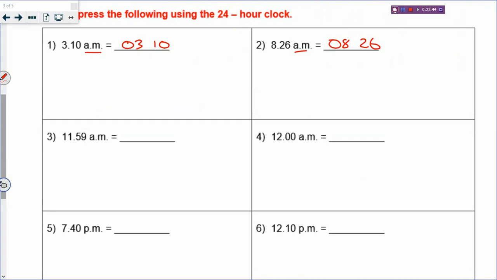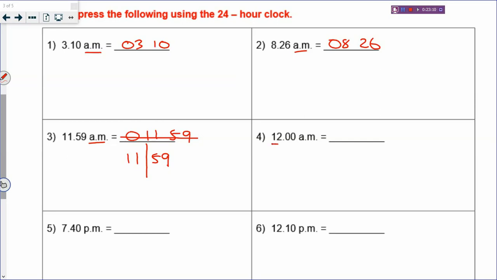Do I need to put a 0 in front? No, because then you would have 5 digits, which is wrong. Just write 11 for the hour and 59 for the minutes, so 1159. When you write your 24-hour clock, do leave a space between the hours and the minutes.